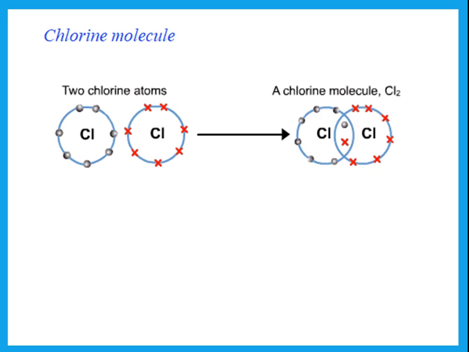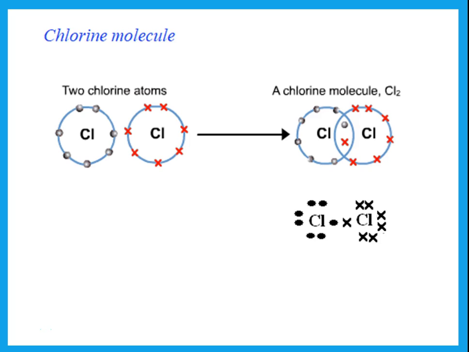So either you draw your dot and cross diagram with the circles intersecting, showing that there is a pair of electrons being shared between them, or you can just draw it without circles, showing that there is a pair of electrons being shared. And don't forget to include the rest of the electrons in the outermost shell of chlorine, because chlorine originally had 7 electrons.